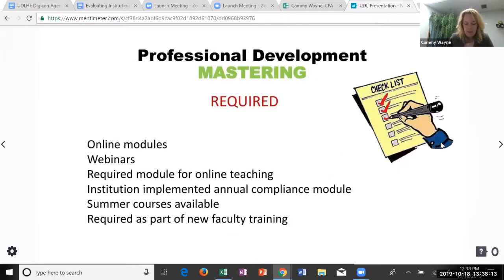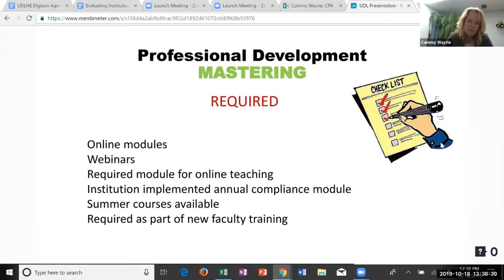And at that mastering level, professional development is already part of that required training. There are maybe webinars or additional modules that you can do, but the college is really making sure that it's staying compliant with all the rules and regulations for accessibility. So we need to make these easily accessible to faculty and staff as well.